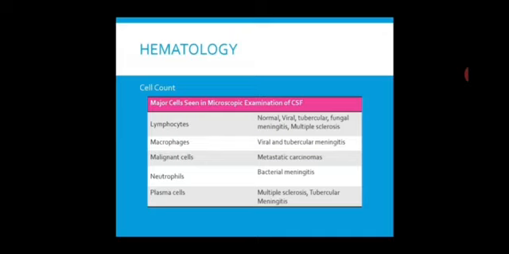Second ones are macrophages, which can be found in viral and tubercular meningitis. Malignant cells are found, of course, in metastatic carcinomas, and neutrophils in bacterial meningitis. So remember, macrophages in viral, but neutrophils in bacterial meningitis. The last ones are plasma cells, which can be found in multiple sclerosis and also in tubercular meningitis.